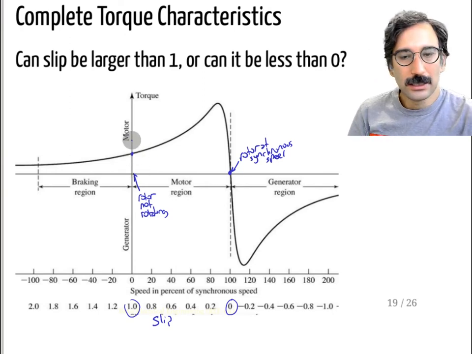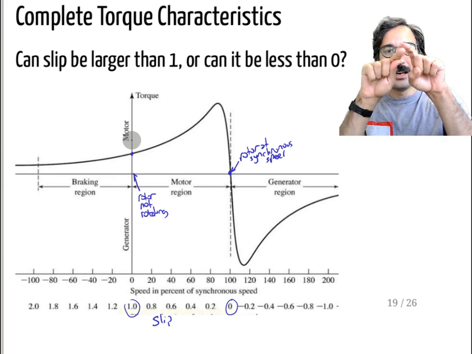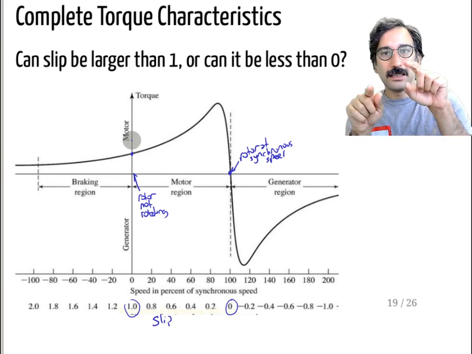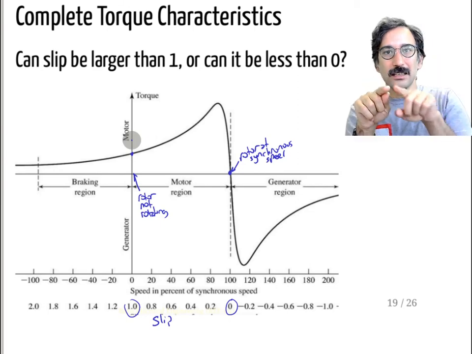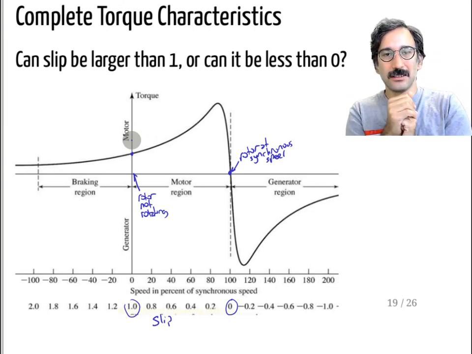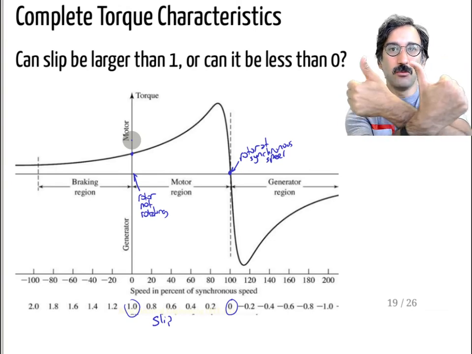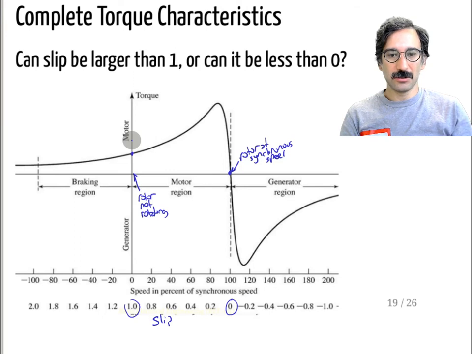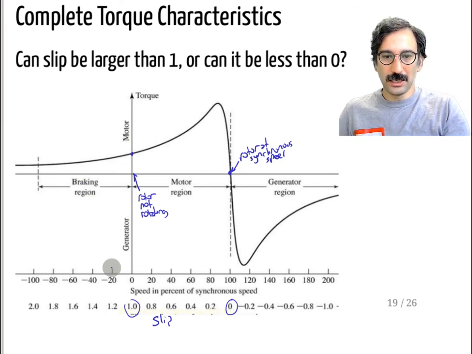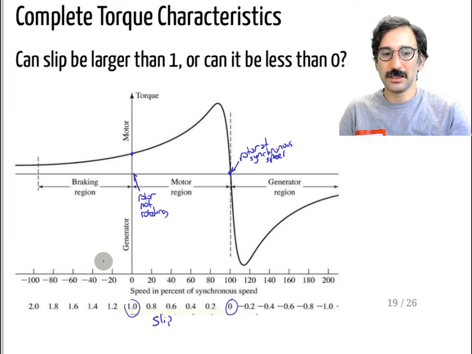But what happens if I rotate the rotor in the other direction, while my applied stator field is still going in the same direction? Then they are moving in opposite directions. That is shown by something like minus 20% synchronous speed, in the other direction.